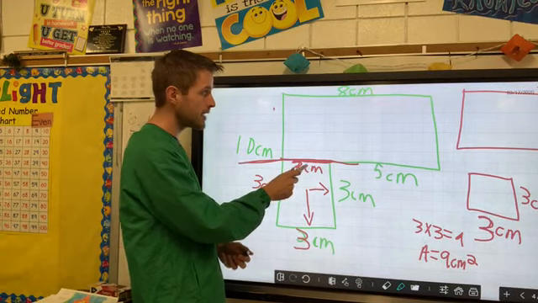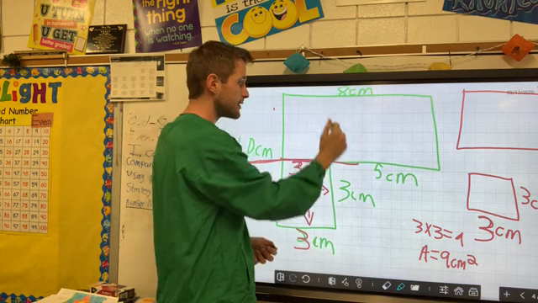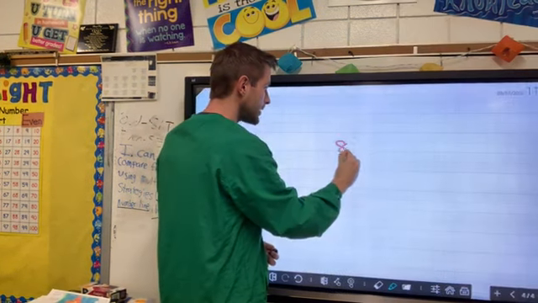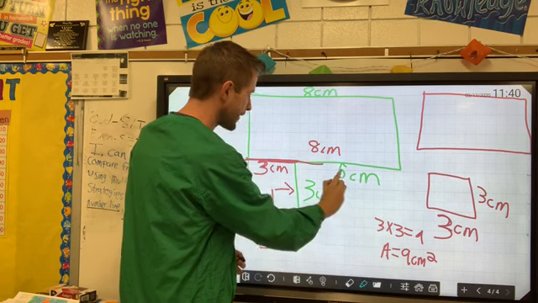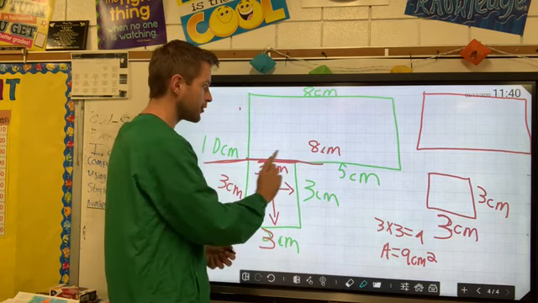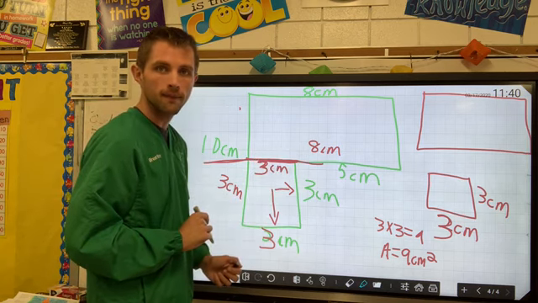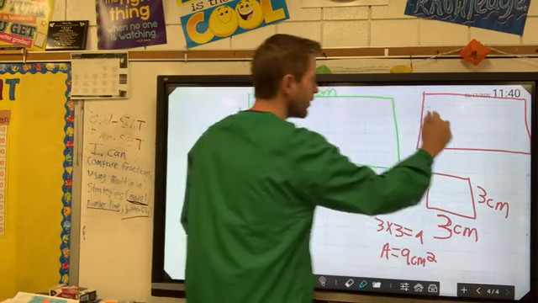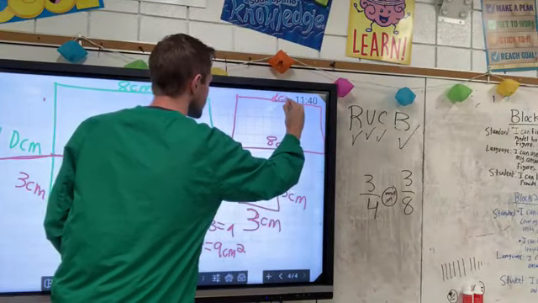If this top one is 8 centimeters, that means this bottom one must also be 8 centimeters, right? And if we look, 5 plus 3 gives us 8 because we added 3 centimeters. Are you with me so far? So we know that the width is 8 centimeters.